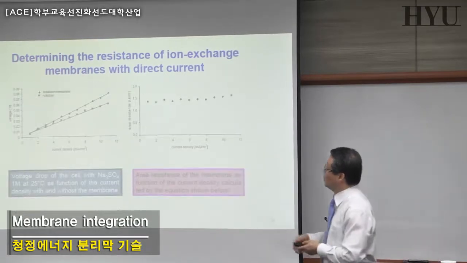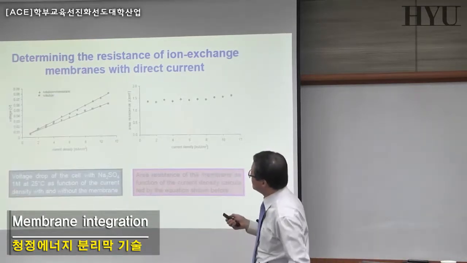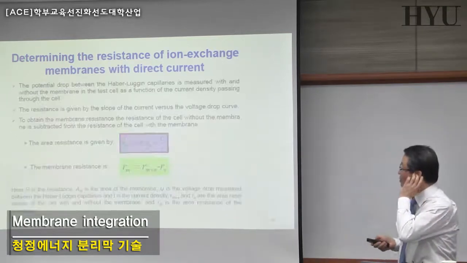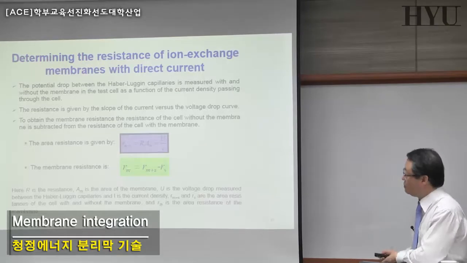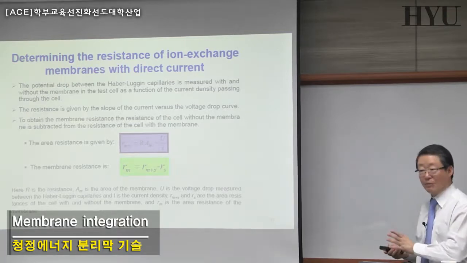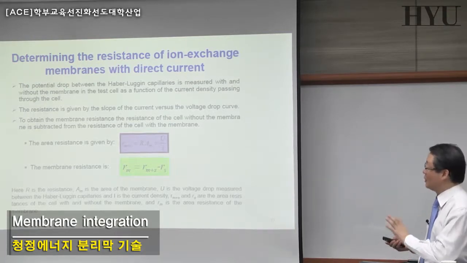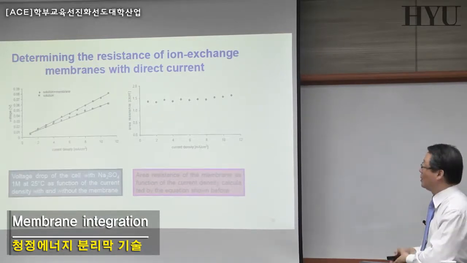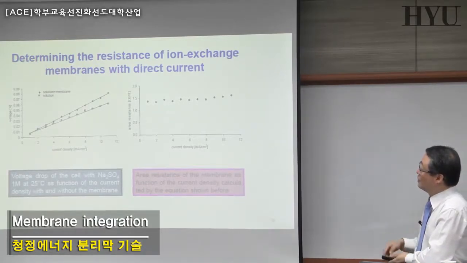So the slope that we measured here is R_s. This is R_m+s. So R_m could be determined by these two slopes. The first step to measure the resistance of the membrane is using the calomel electrodes to measure the voltage versus the current.